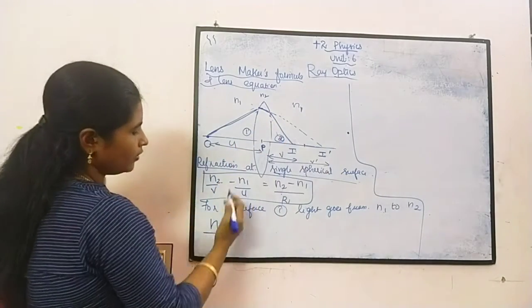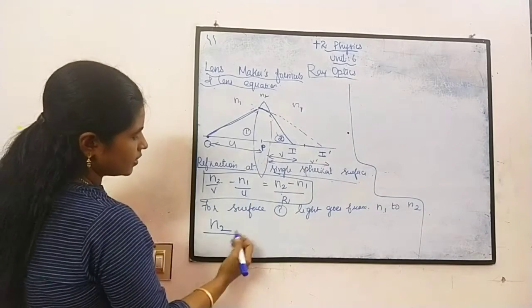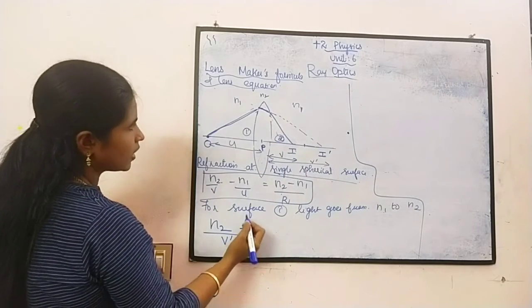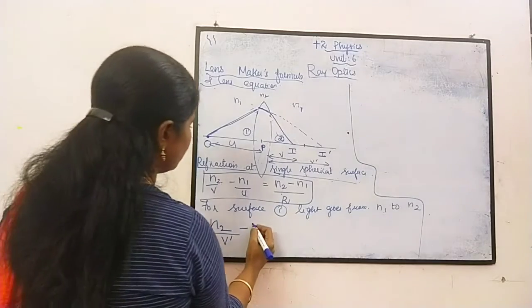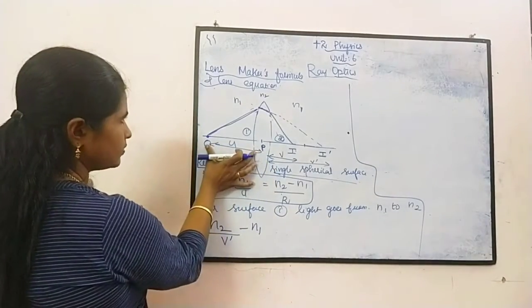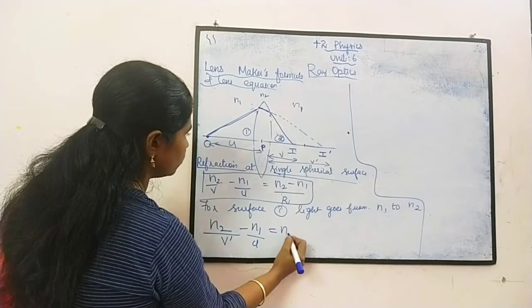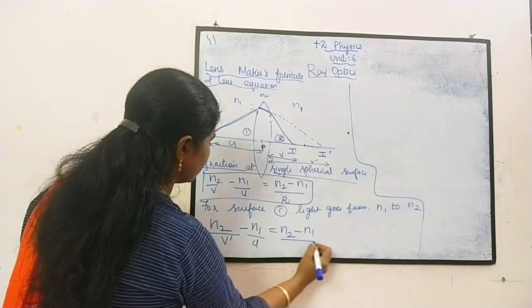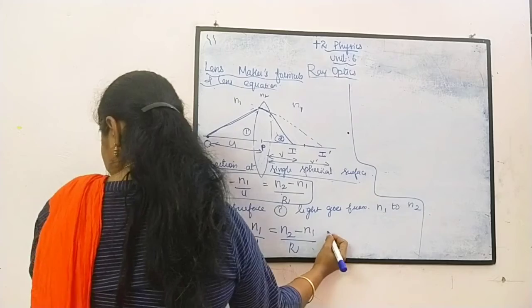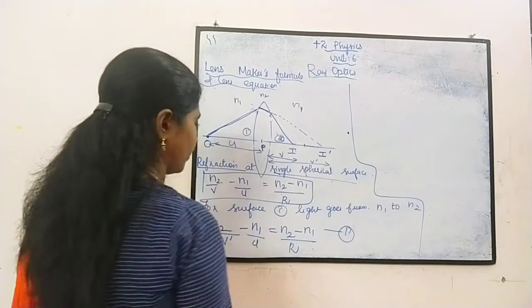So n2 by what is the image distance? It is v dash, minus n1 by the object. Where is the object? Yes, here only, so write it as u. That is equal to n2 minus n1 by r. Let us take this as equation 1.